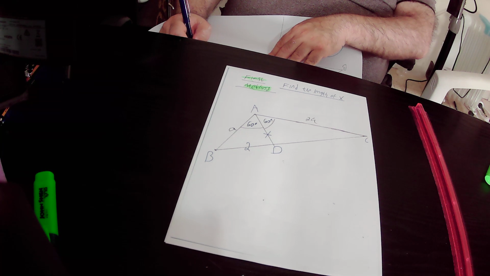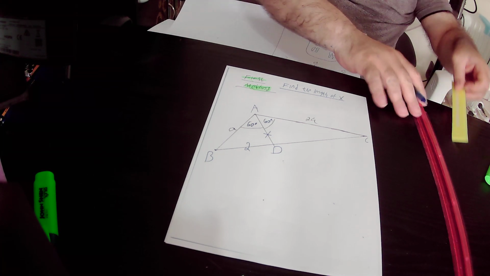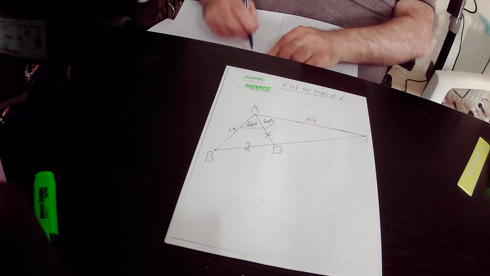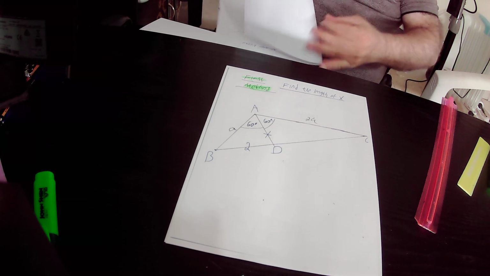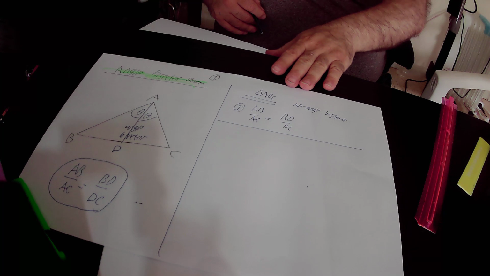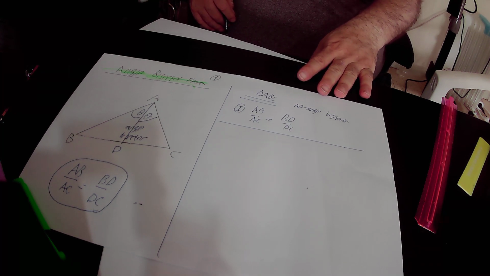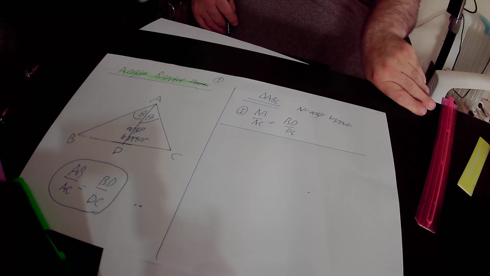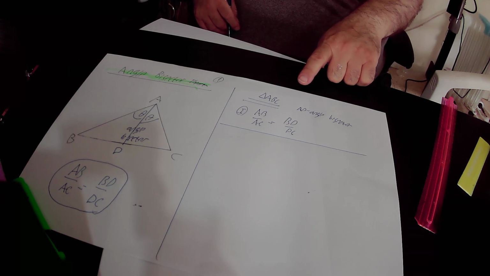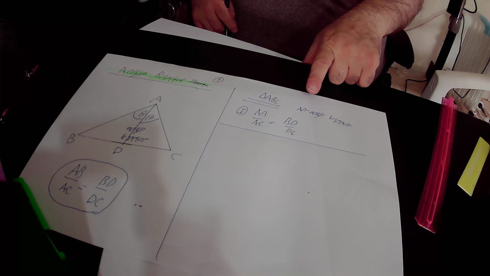I'll write here that AD is an angle bisector. I repeat again, in our triangle ABC, AD is an angle bisector. Therefore, we can implement the angle bisector theorem, and we get AB over AC equals BD over DC.